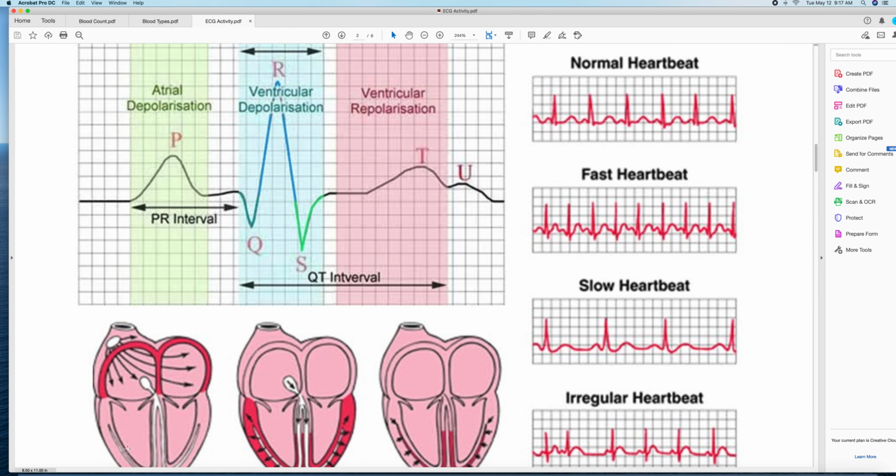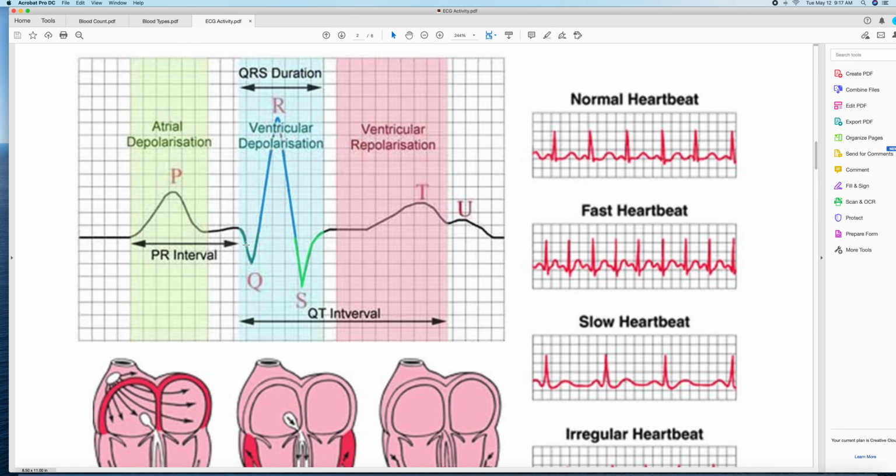They are going to need a lot more pressure than the atria needed, because the atria are just going next door. The ventricles are discharging out of the heart, and so we're going to have a lot more strength going into this depolarization here. That's where we have this QRS complex.